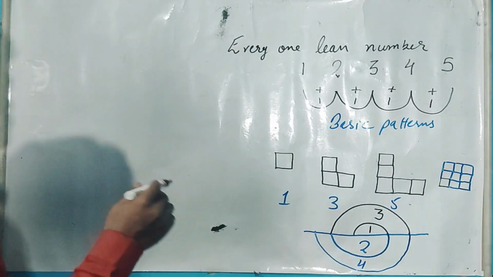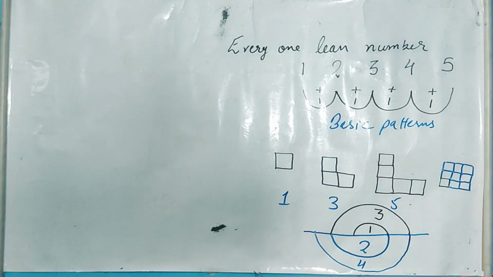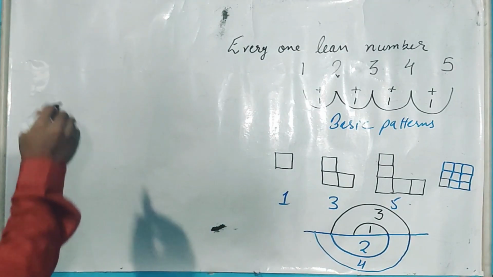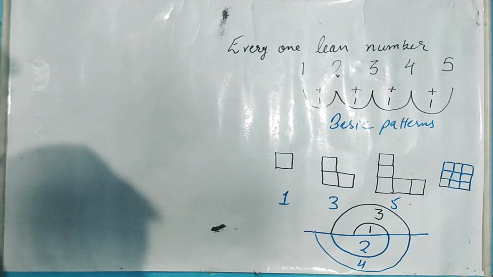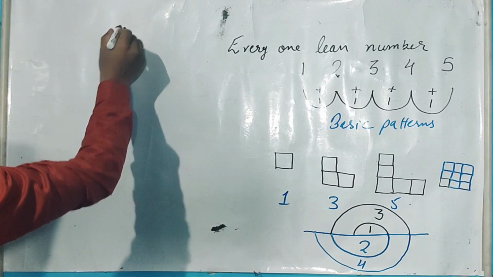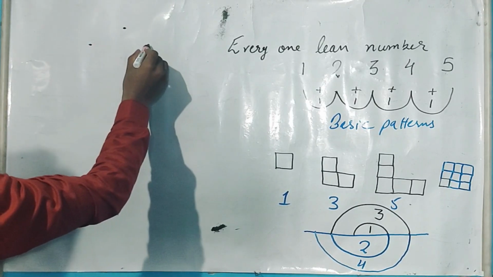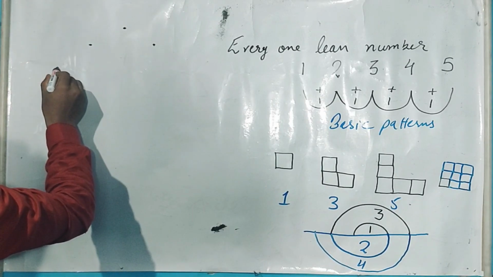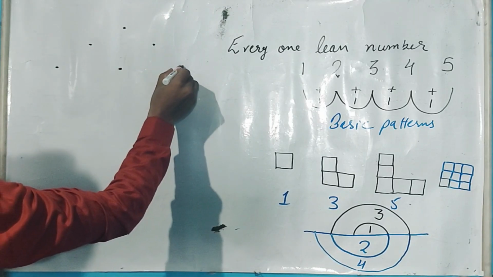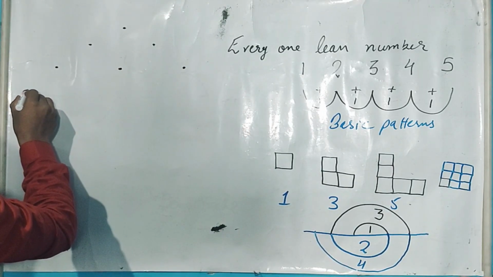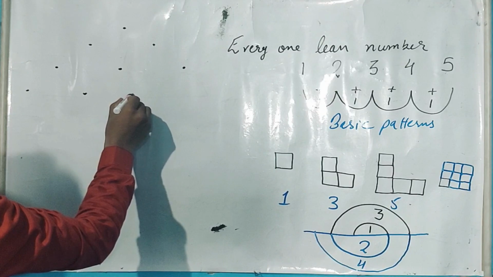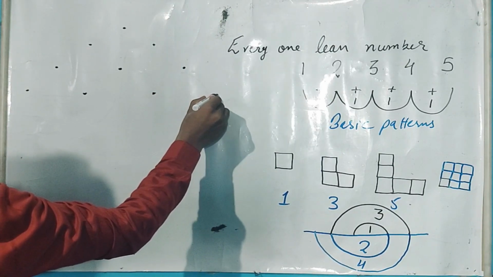Now you see here: 1, 1, 2, 1, 2, 3, 1, 2, 3, 4.